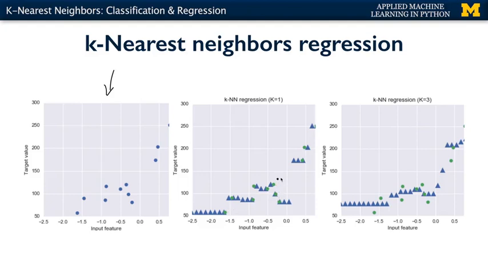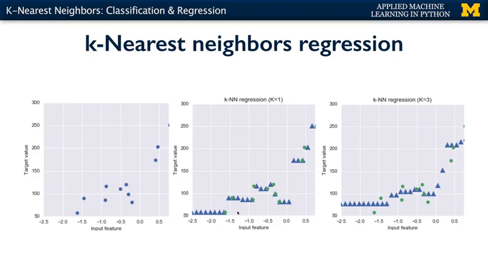These green circles are the training points. And the blue triangles are the output of the k nearest neighbor regression for any given input value of x. So for example, the KNN regression prediction for this point here is this y value here. So how did the nearest neighbors regressor compute these values? Well, it did it in a similar way to what we saw for classification.